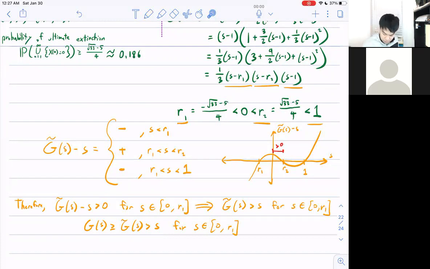What does this mean? Well, that means that for the values of s between 0 and R1, g of s is strictly greater than s. So that means we can't possibly have a root for the solution of g of s equaling s on the interval 0 to R1. Therefore, I'll write this in words: g of s equals s cannot have a root within 0 and R1.